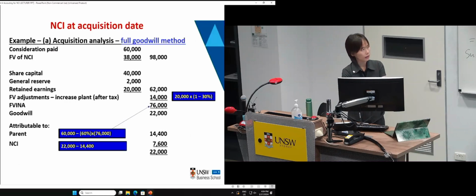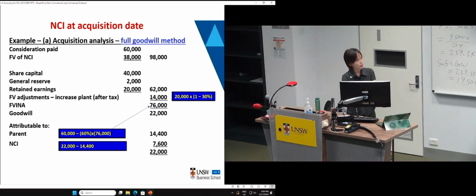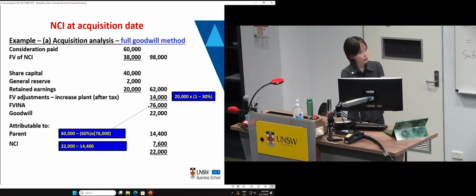Now let's have a look at the entries on the full goodwill method first, starting with the acquisition analysis. In the acquisition analysis, we combine the consideration paid with the fair value of NCI. We get a total of 98,000. Then we compare this amount with net assets to determine the total goodwill. How do we calculate net assets? It is equal to the book value of the net assets, with reference to the equity balance of the subsidiary on the acquisition date.